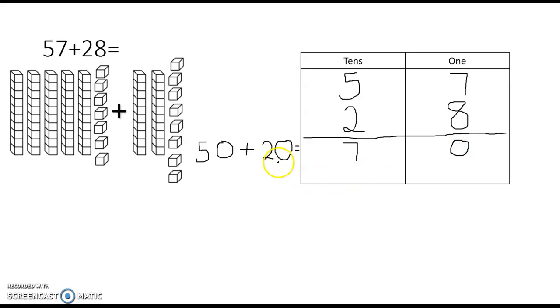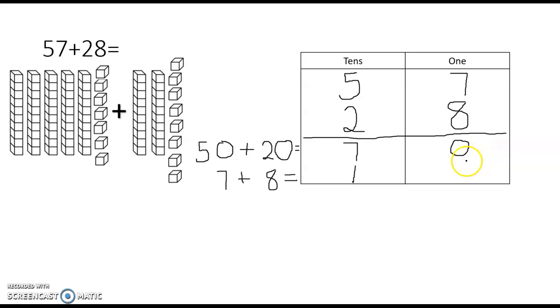Now looking at our ones, we've got 7 ones and 8 ones. So 7 plus 8, which equals 1, 2, 3, 4, 5, 6, 7, 8, 9, 10, 11, 12, 13, 14, 15.